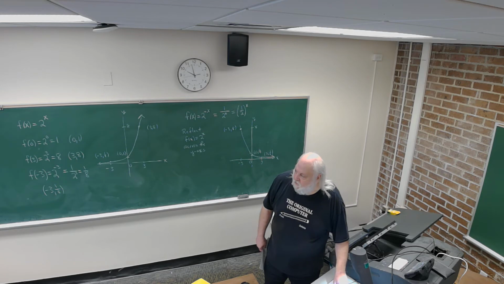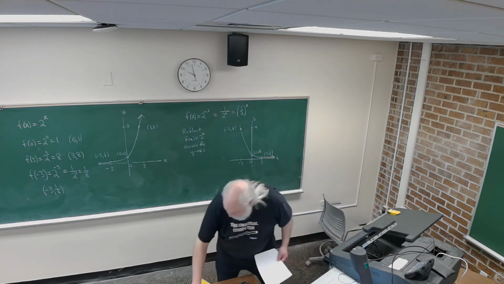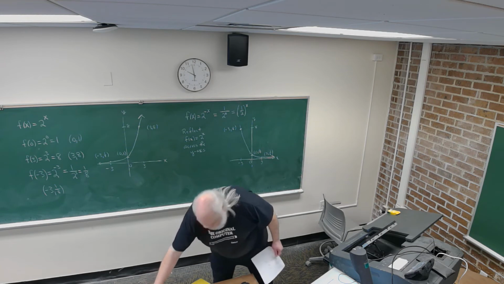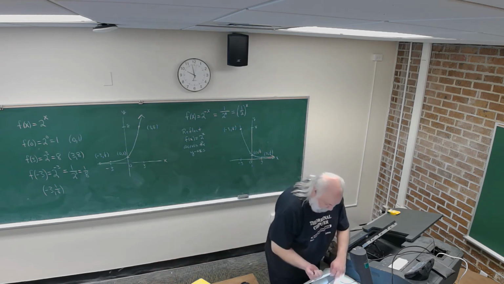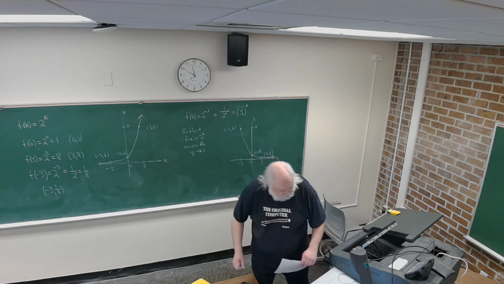So the range, all the y coordinates, are greater than 0. So the range is from 0 to infinity, with parentheses around the 0. Y is greater than 0. So we could write it this way, that y is greater than 0 in both those cases.